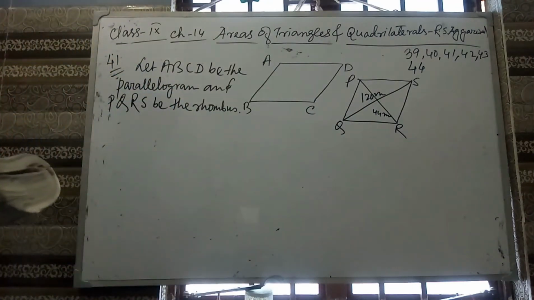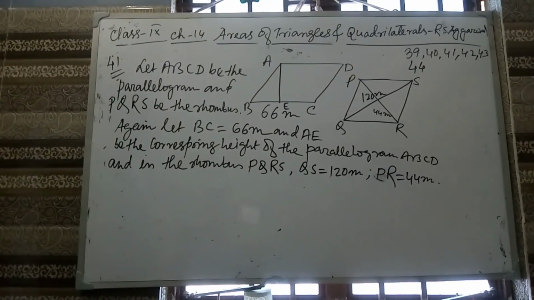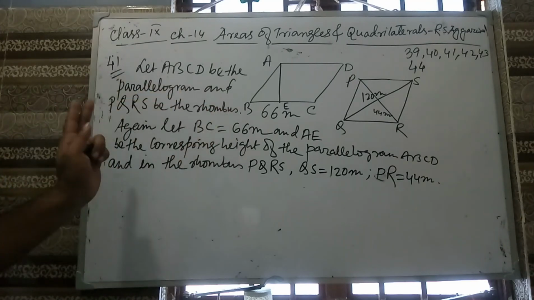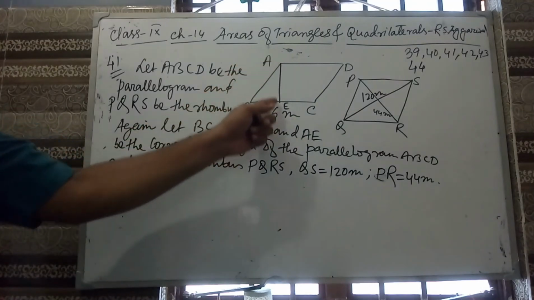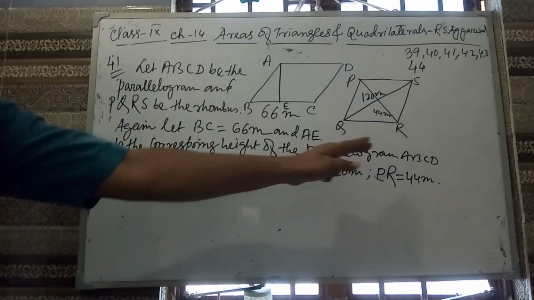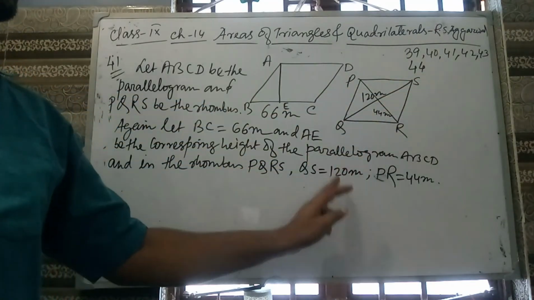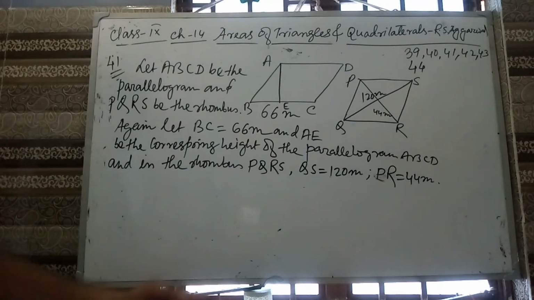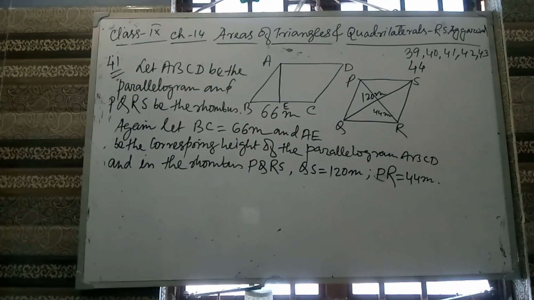We have considered ABCD be the parallelogram and PQRS be the rhombus. Again, we have considered BC equal to 66 meter and AE is the corresponding height of the parallelogram ABCD. And in the rhombus, we have considered QS equal to 120 meter, PR equal to 44 meter. Now look, what is given? Both of them have equal area.